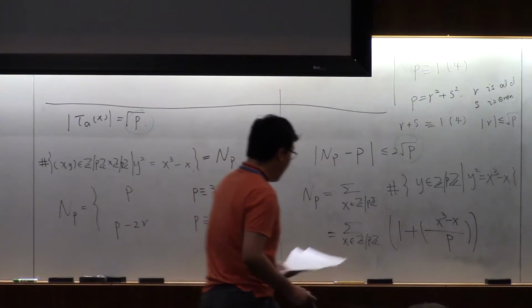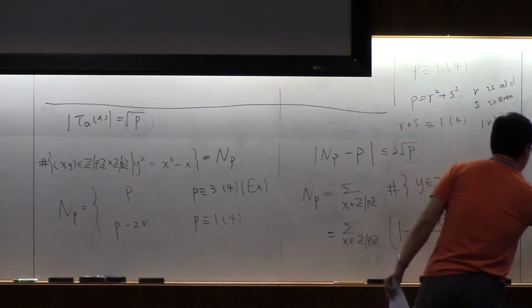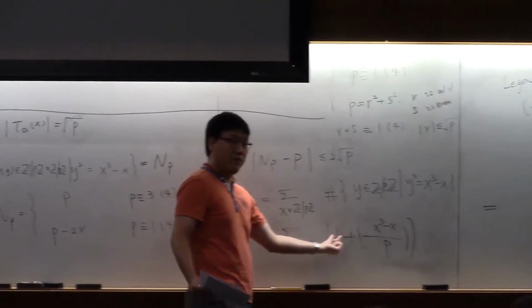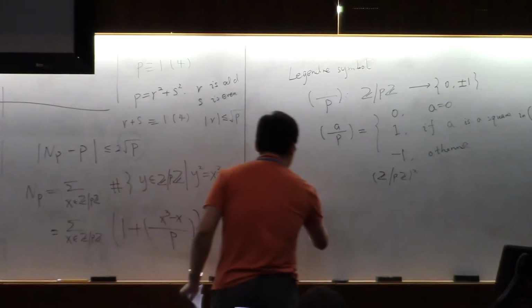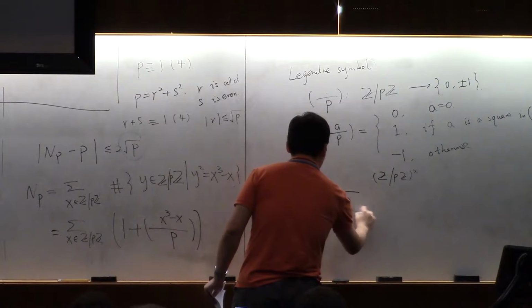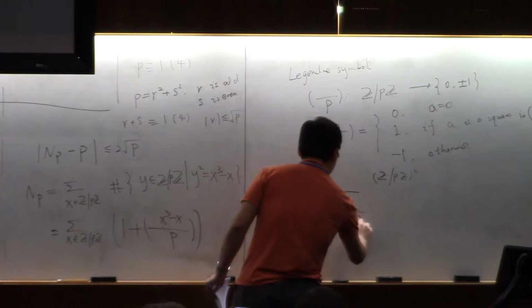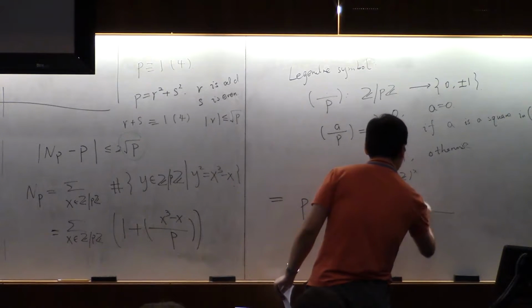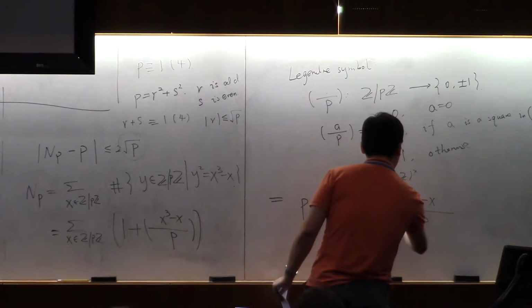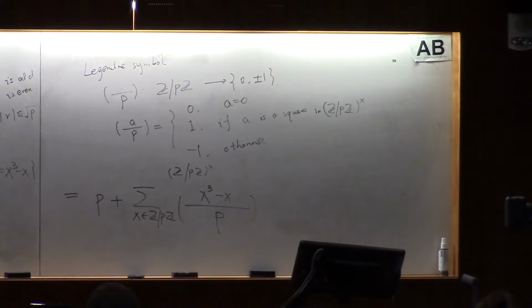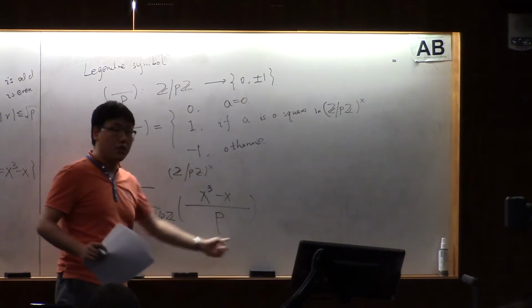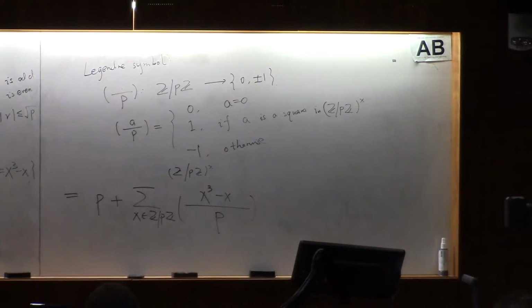Okay? And then, try to simplify this sum. You have p ones. You sum them together, you get p. And the rest is the sum of the Legendre symbol. And this inequality just gives you a bound on the sum of these values of the Legendre symbol.